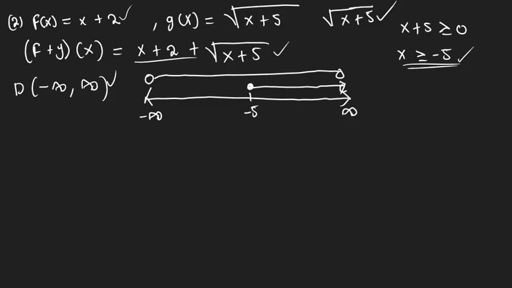We have an open circle here. So where are they meeting? They are meeting at this particular region. Henceforth, our domain for everything is going to come from negative 5 included to positive infinity. That is just how you find the domain for this particular function.